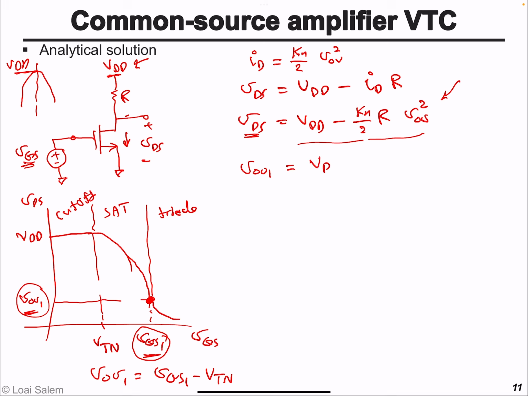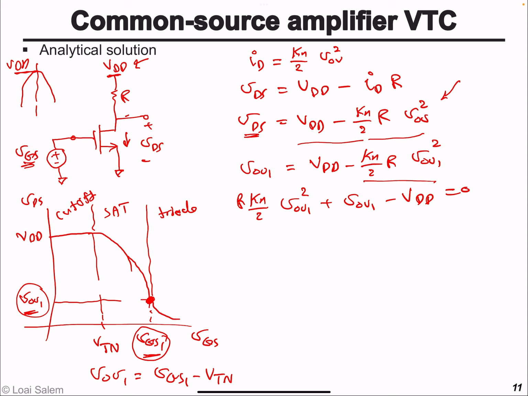And then we have VDD minus Kn over 2 times R times V overdrive 1 squared. If we bring this term to the other side, we have Kn over 2 times R times V overdrive 1 squared plus V overdrive 1 minus VDD equal to 0.